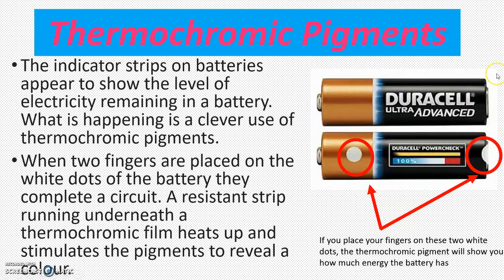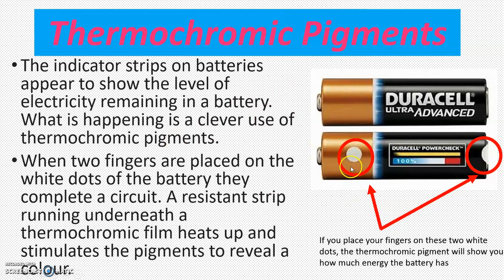Also, as well as thermometers, there are the indicator strips on batteries. You can get these special batteries, usually the Duracell ones, and it shows the level of electricity remaining in the battery. Basically, what is happening here is a clever use of thermochromic ink.